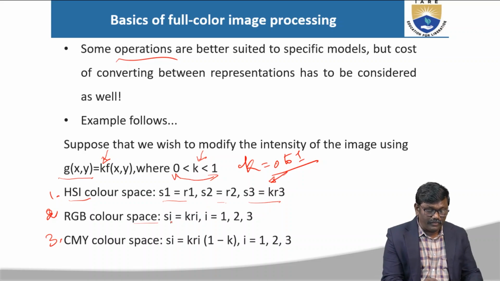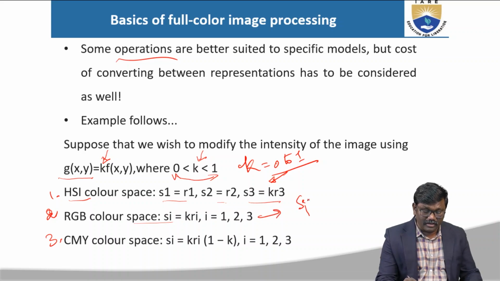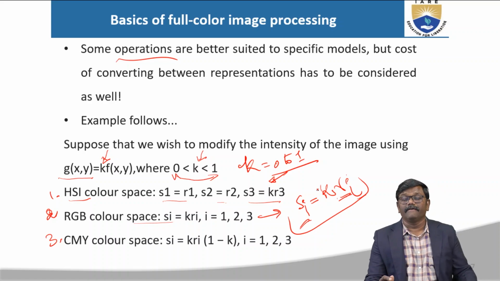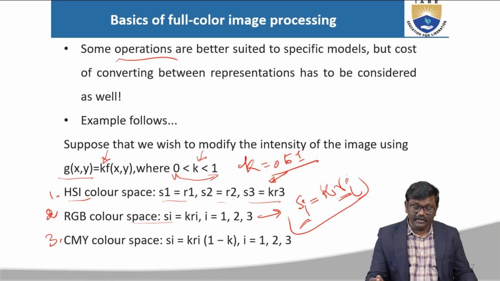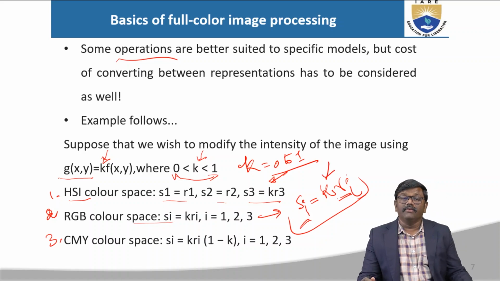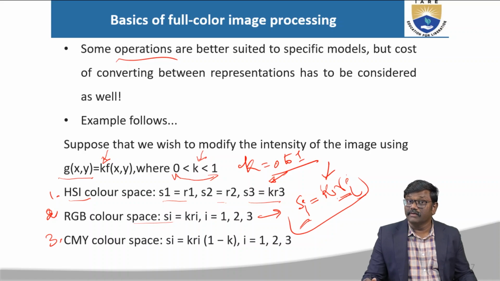Whereas in the RGB color space, S suffix I is equal to some constant K, a proportional constant, times R suffix I. So here we are varying these Ri values, then the corresponding output of the image which we are converting also varies.